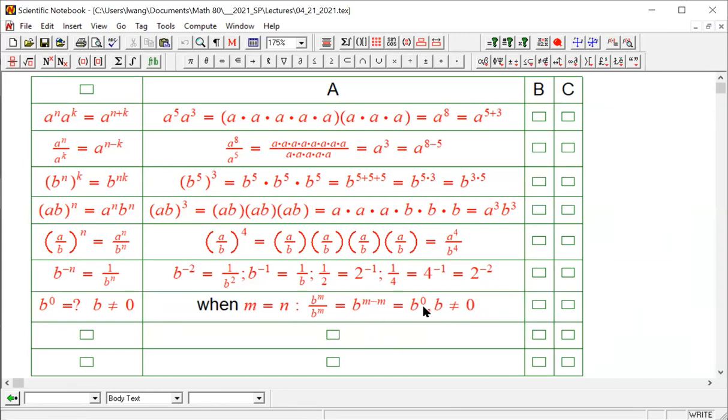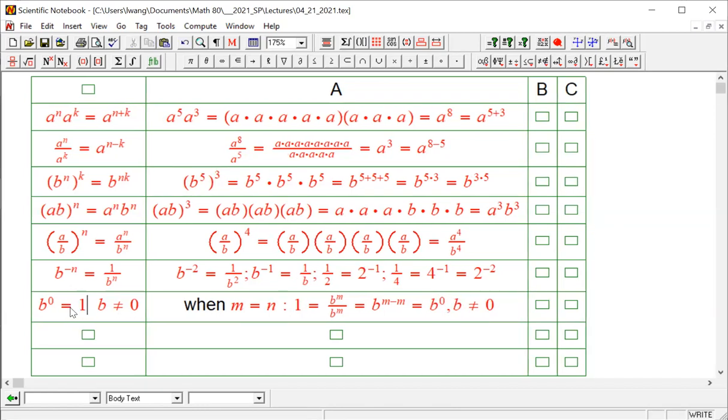Now, b to the power m divided by b to the power m equals 1, isn't it? So it is only reasonable that when b is not 0, we assign b to the power 0 equal to 1.